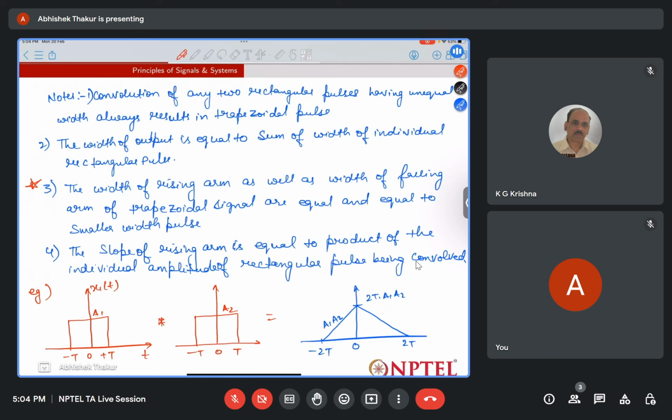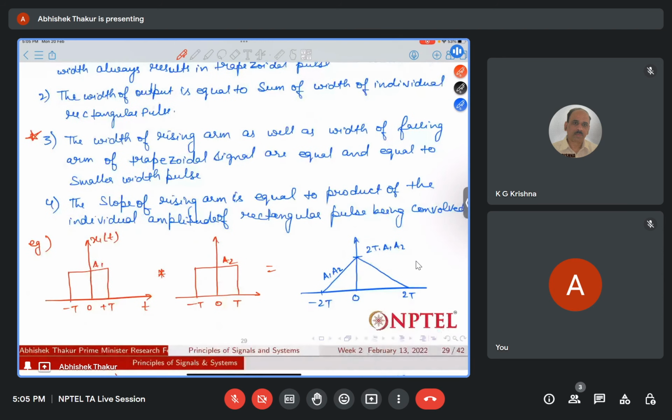It will result in a trapezoidal shape only when the widths are unequal. When both the rectangular pulses have equal width, it will result in a triangular pulse. The width of the output is equal to the sum of the widths of the individual rectangular pulses.